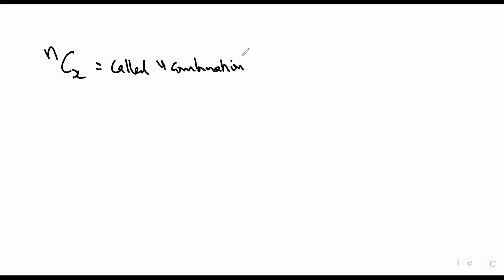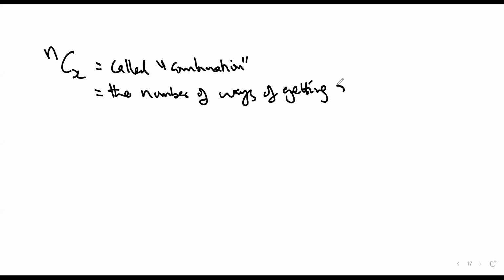That's the symbol that we use for combination, which gives the number of ways of getting X successes in N trials. So this is the coefficient of P and Q. And it gives the number of ways of choosing this number of successes in N trials.